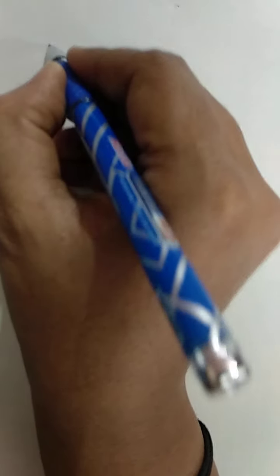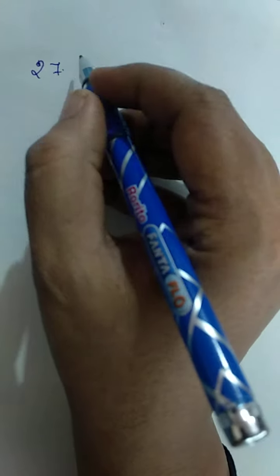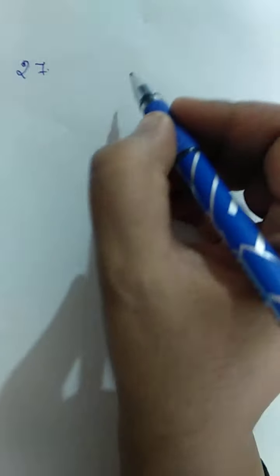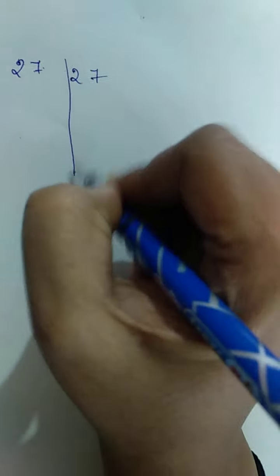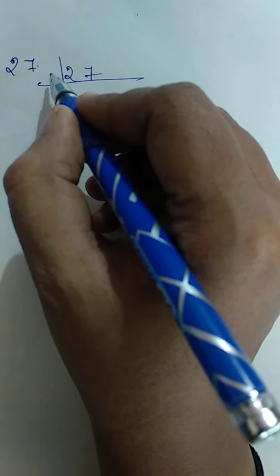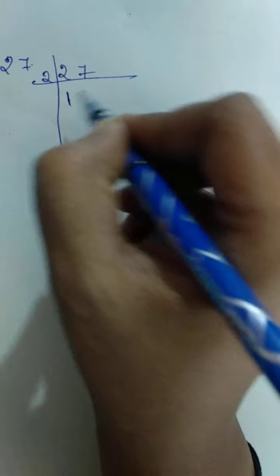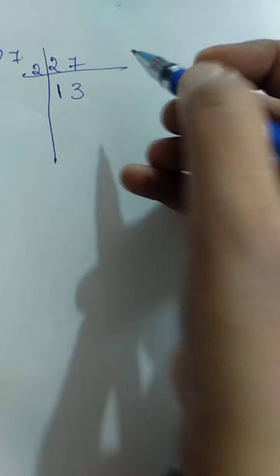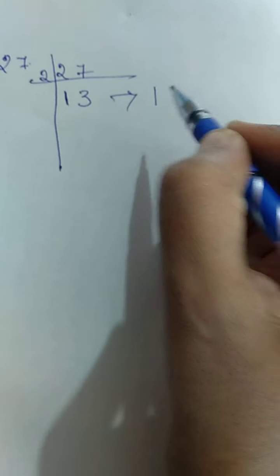First example, converting decimal to binary. For example, if we take the decimal value 27, we divide it by 2. 2 1s are 2, 2 3s are 6, then the remainder will be 1.